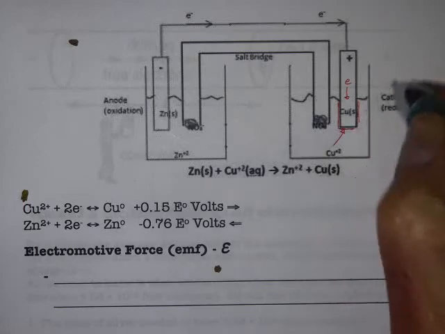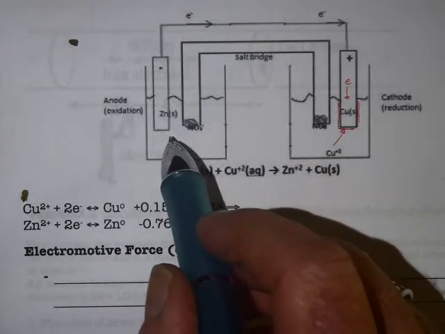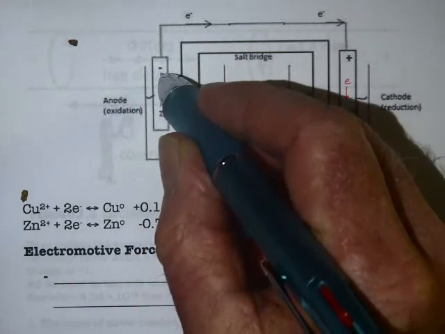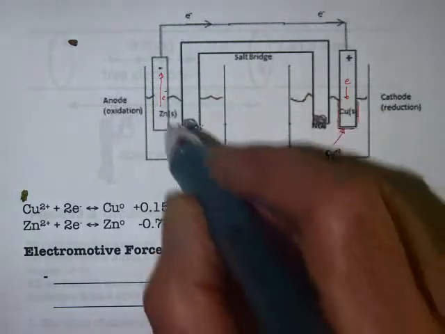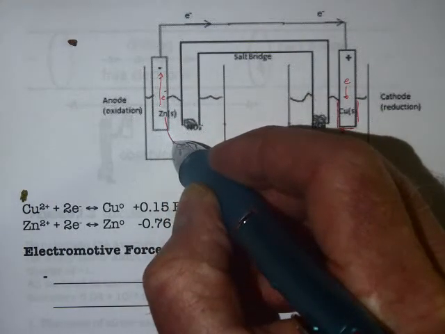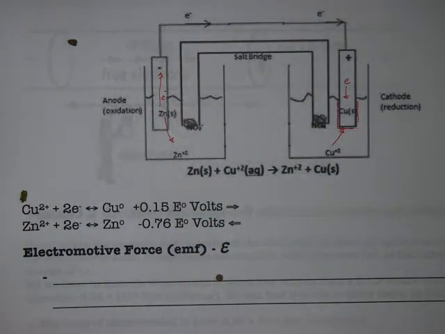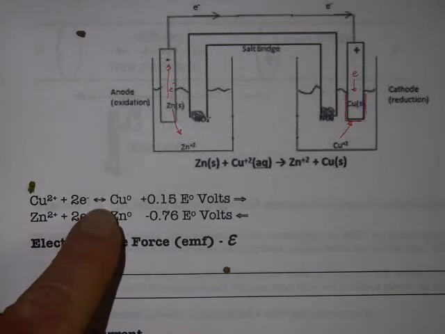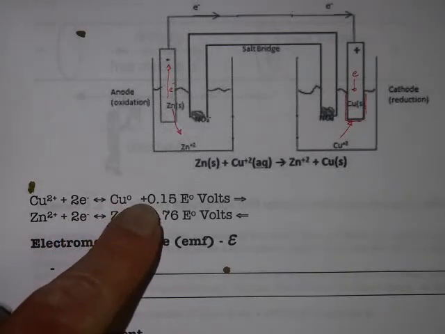At this end, the zinc has a greater tendency to give up its electrons, and then the zinc goes into solution here. The salt bridge is just to complete the circuit, and the way we can model this is with the half cell voltages that are associated with both of those processes.